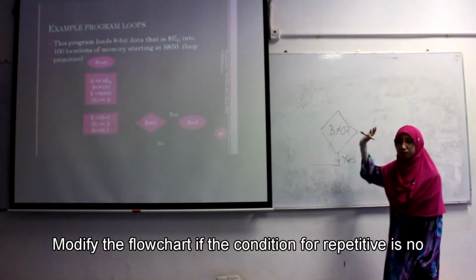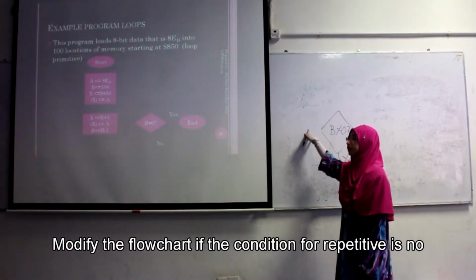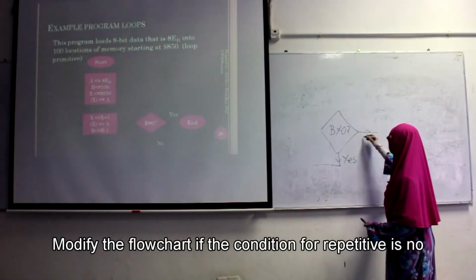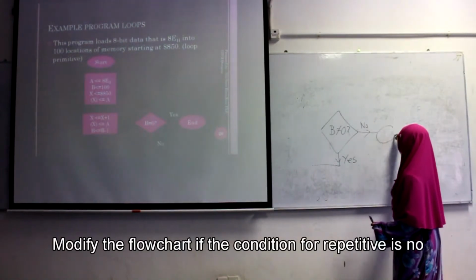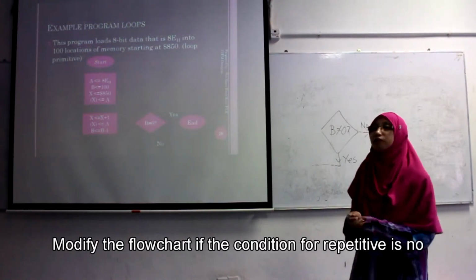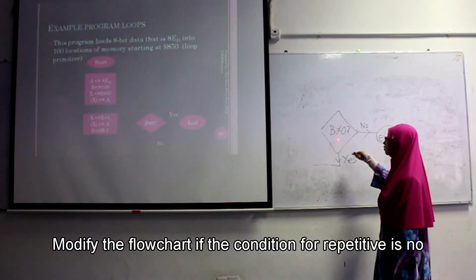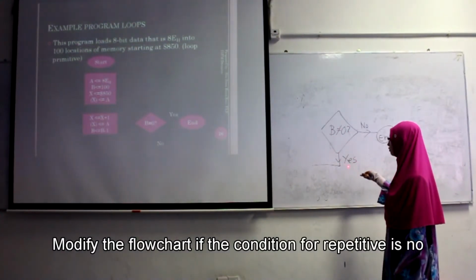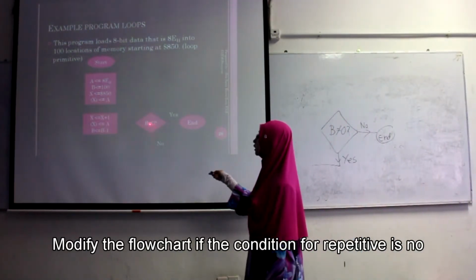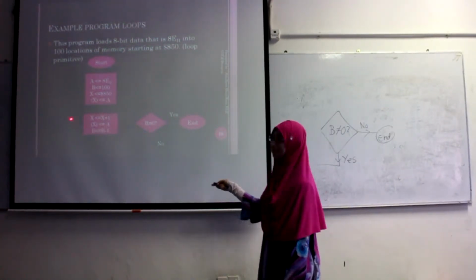When our counter B has a value, it will loop and repeat these instructions again. And when it is no, it will end the program. Remember, when you design the flowchart, make sure the branch condition is changed to yes, not no, because we choose the suitable branch instruction based on yes. It must be yes.